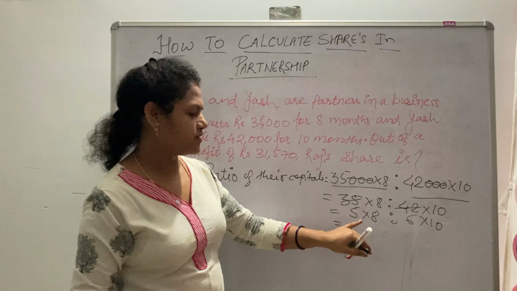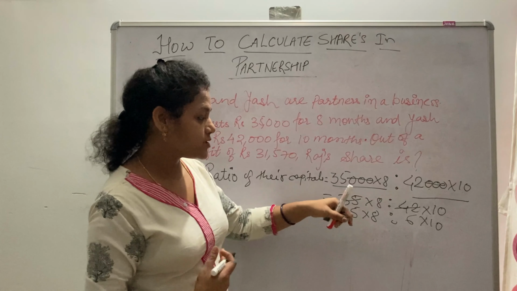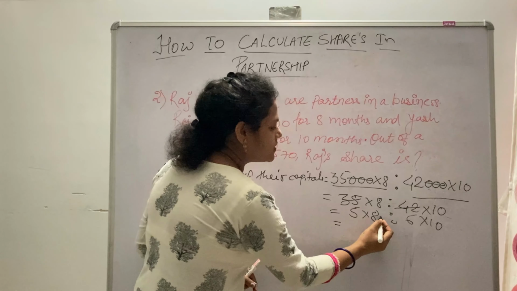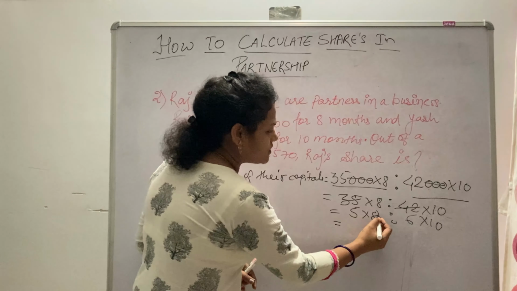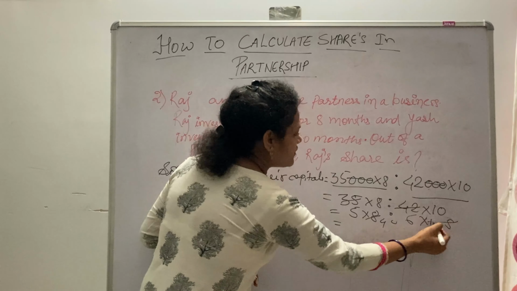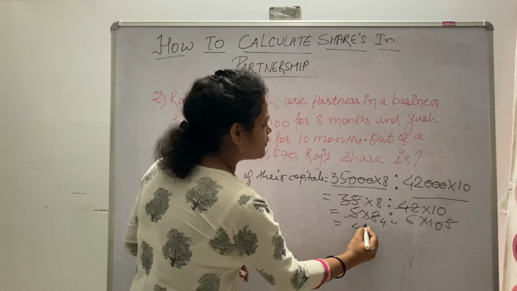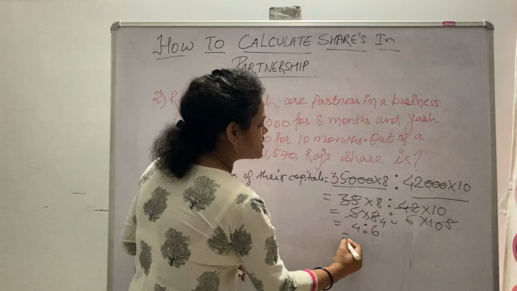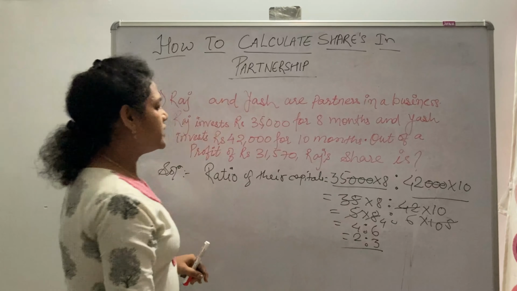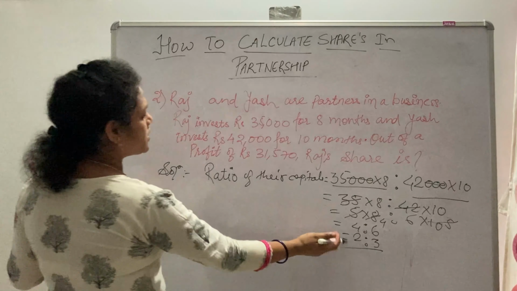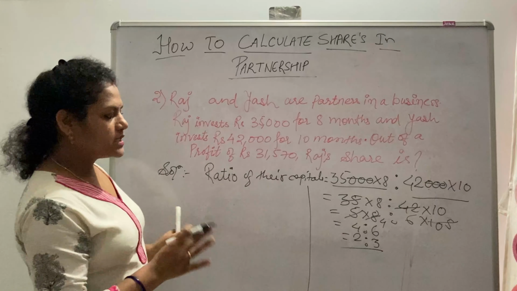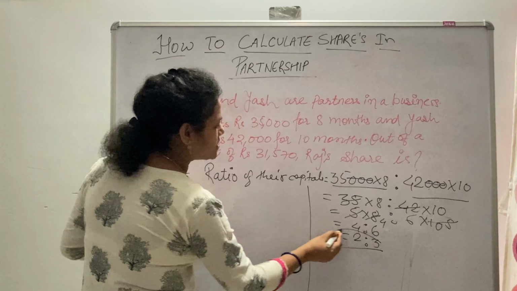Because it will be easy and so that you get more clarity. This one again, 2 4s and 2 5s, 5 5 get cancelled, so what is left is 4 is to 6 only, so this becomes 2 is to 3. So the ratio of their capitals is 2 is to 3.